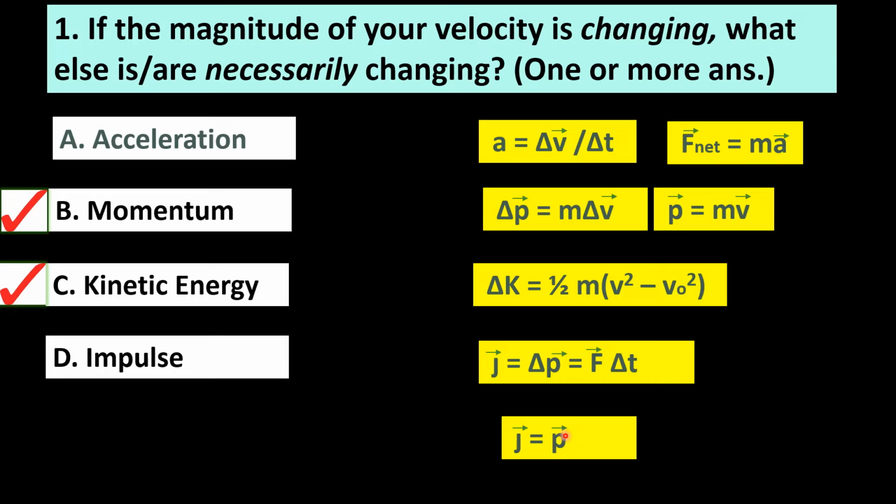The change in momentum is the effect of imparting impulse, which causes the body to undergo a change in velocity. Change in velocity divided by change in time, that's acceleration.